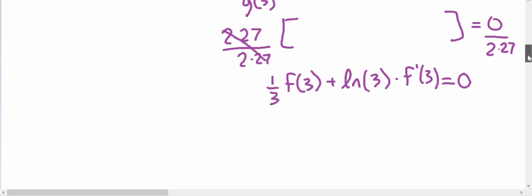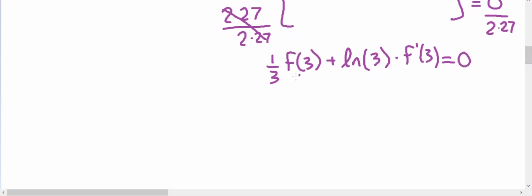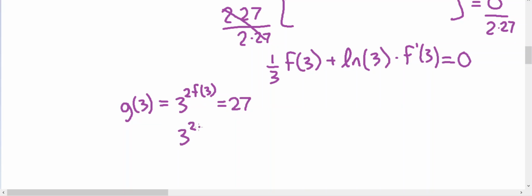And so it would be really nice to know what f of 3 is, because then we could just get f prime of 3 by itself. But let's think back to, we know that g of 3 is equal to 3 raised to the 2 f of 3. And this is also equal to 27. So that is to say 3 to the 2 f of 3 is equal to 27, which as a power of 3 is 3 cubed.